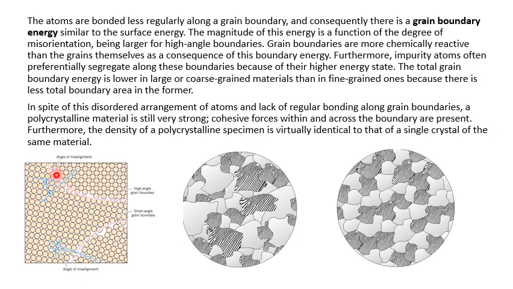The atoms in the grain boundaries are not well bonded as they are inside the grains, which means that the atoms in the grain boundaries have higher energy than the atoms inside the grains.